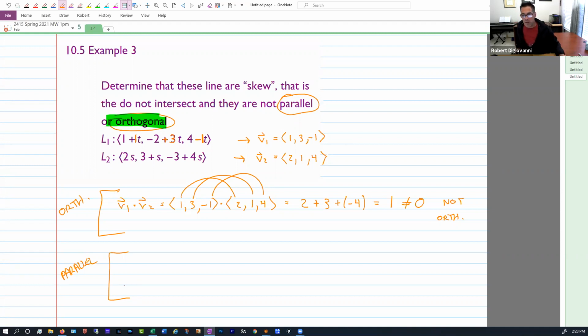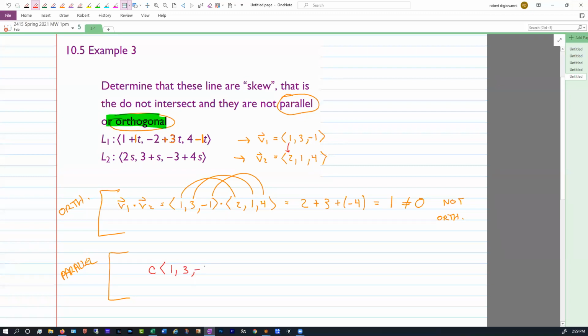So if you look at this, Daniel, an easy way to check if they're multiples is just ask yourself, what would it take to turn this 1 into a 2? You would have to multiply by what? 2. But does that work the whole way? No, it doesn't. Like I can't multiply this 1 by 2 to become 2 and then that 3 by 2 to become 1. I hope it's easy for everyone to see. There is not a number that I can take, some constant, multiply it times this vector, and get this vector.